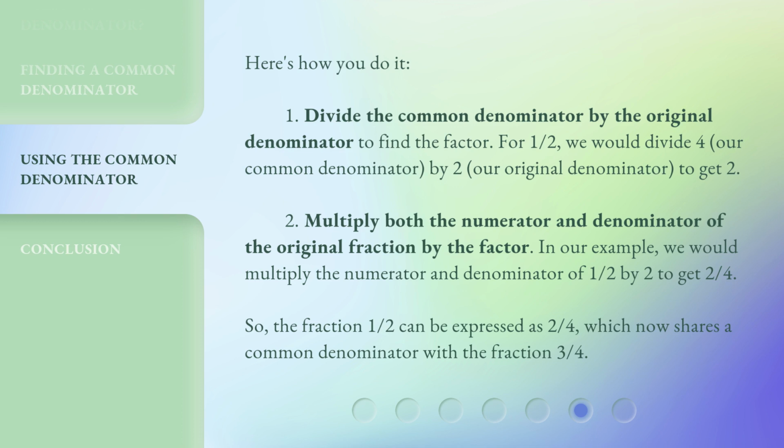Multiply both the numerator and denominator of the original fraction by the factor. In our example, we would multiply the numerator and denominator of 1/2 by 2 to get 2/4. So, the fraction 1/2 can be expressed as 2/4, which now shares a common denominator with the fraction 3/4.